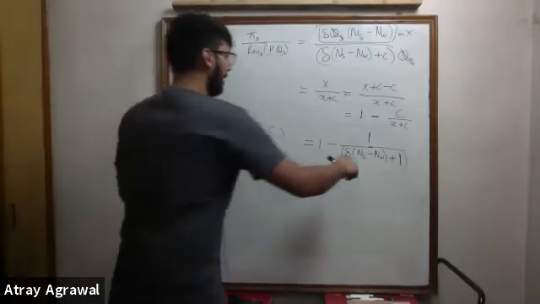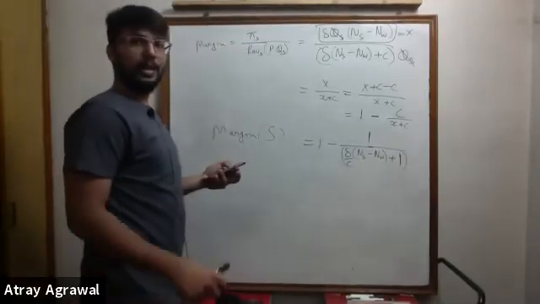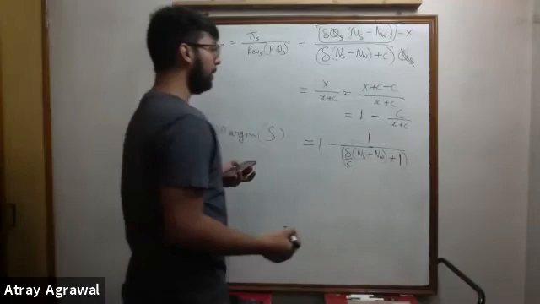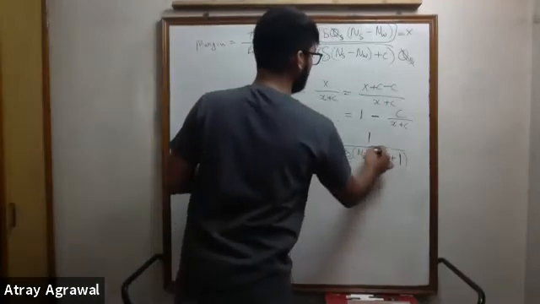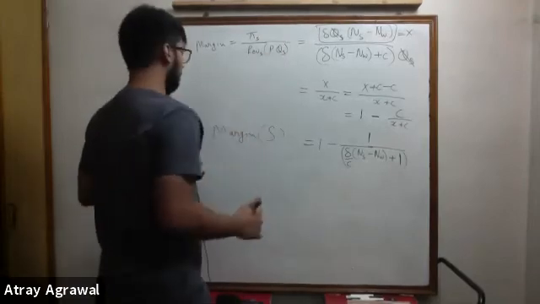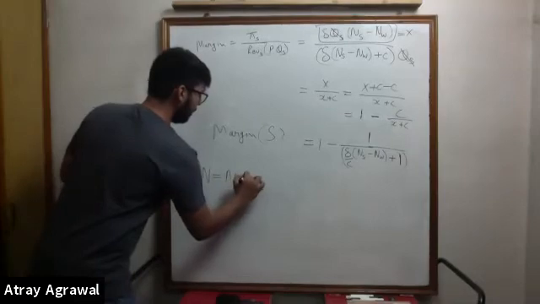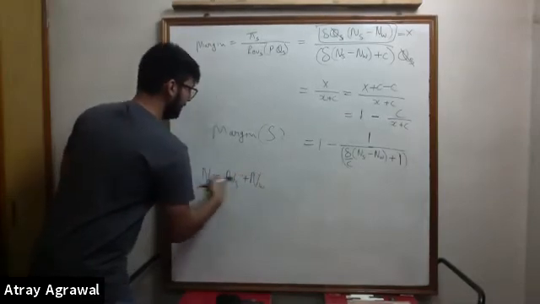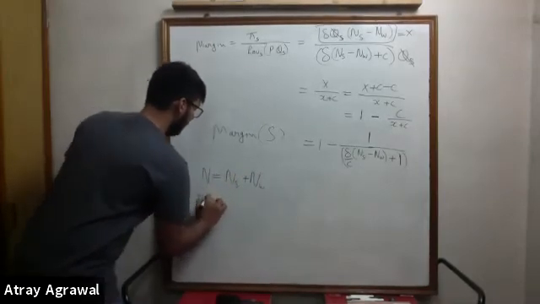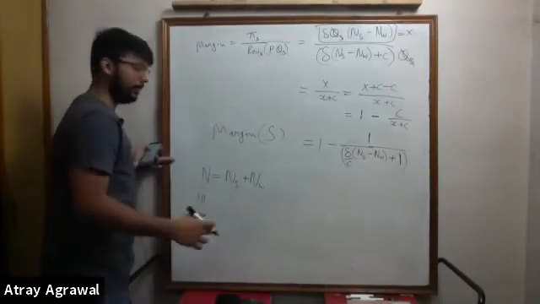But if NS is extremely better than NW, then this will be a higher number. Suppose the total sum, what we took as N, equals NS plus NW, and let's take it as 10 just to simplify it for ourselves.